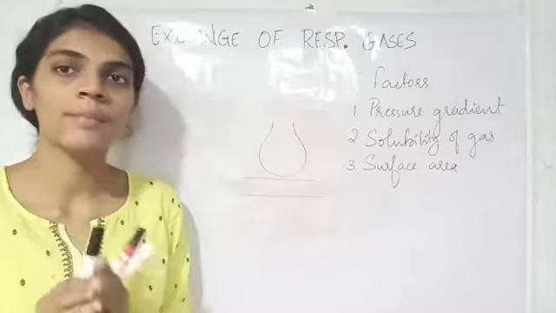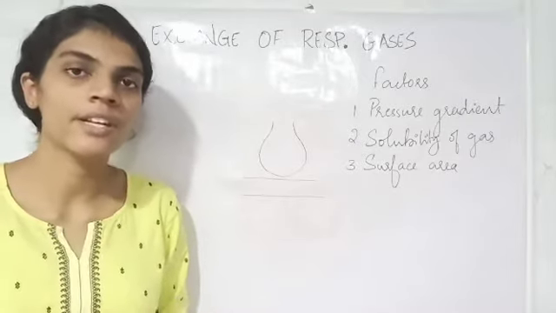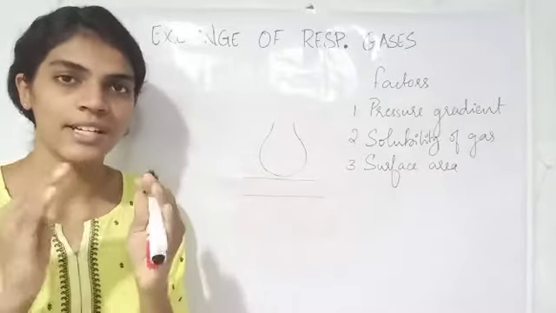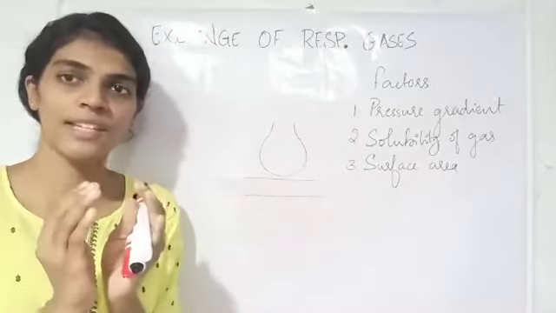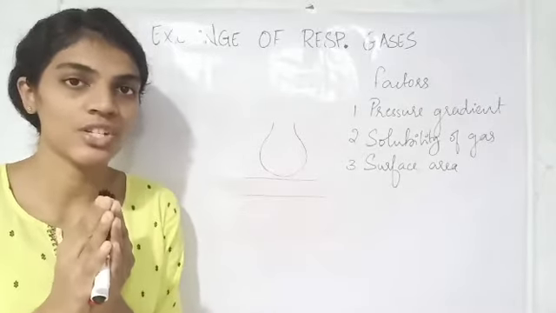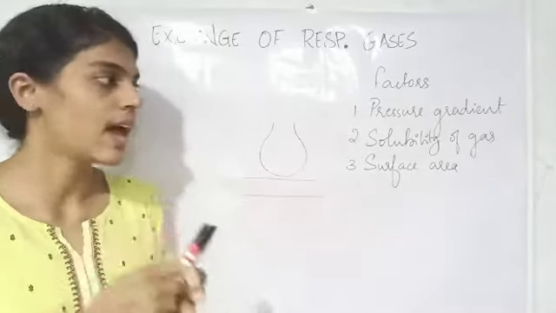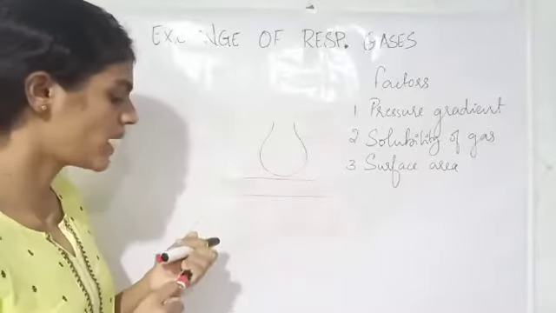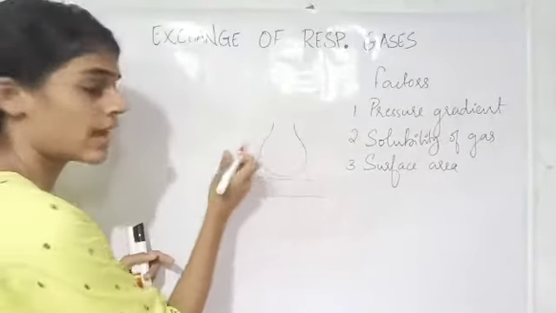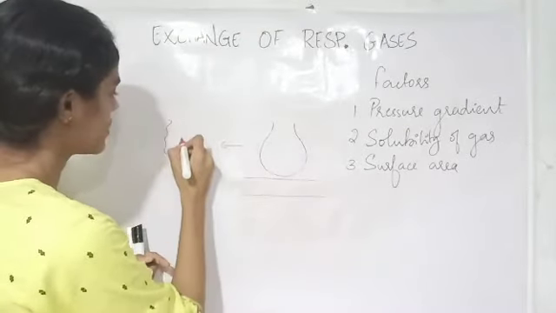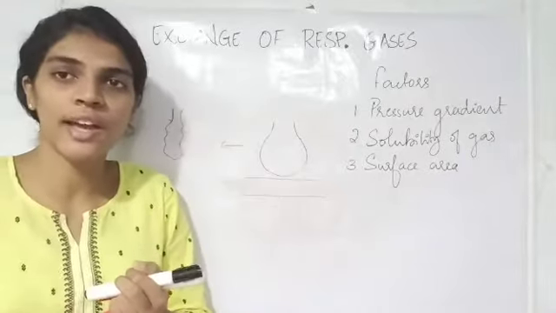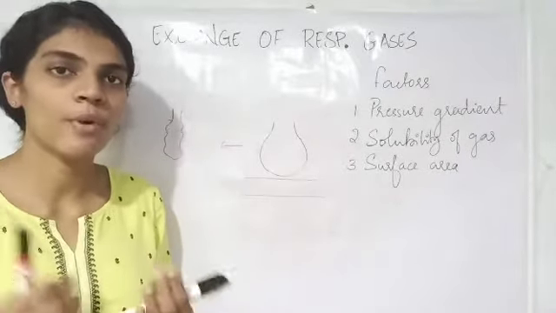In some respiratory disorders like emphysema, you might have heard, the alveoli will be in a shrunk state. That condition is known as collapse. Instead of appearing like this, it will appear almost like a shrunk structure, which cannot accommodate any more gas molecules.